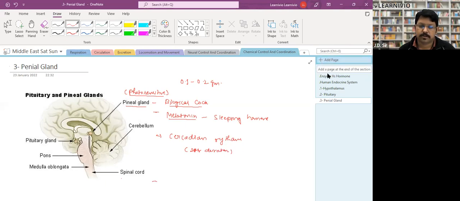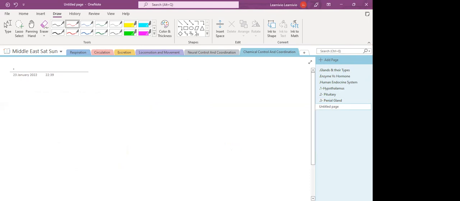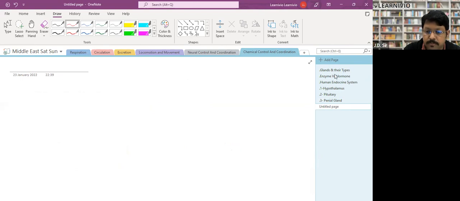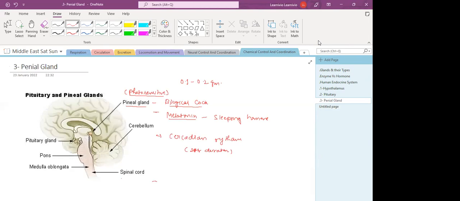So the next one is the thyroid gland. Please can you show that diagram? Yeah, sure. Done, sir. Okay.